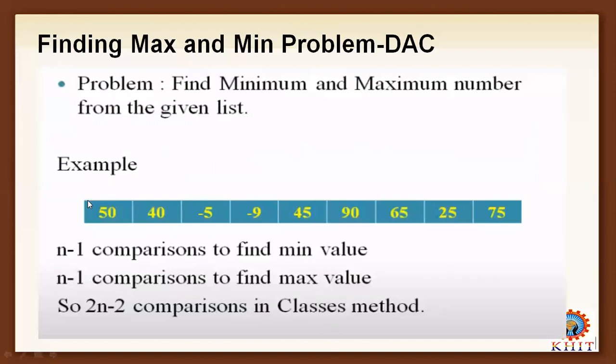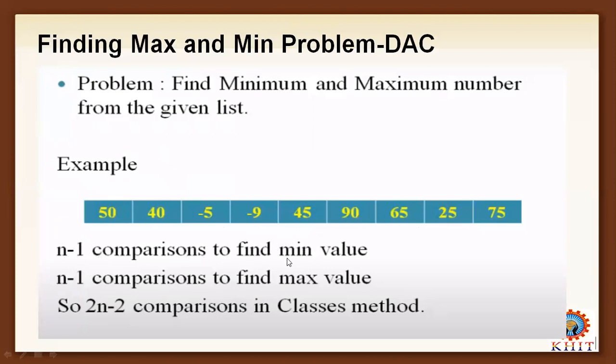Here, the given problem is this array. The array can contain n number of elements. If you want to find the minimum element in the given array, the total number of comparisons required is n minus 1. Why? Because among n elements, we need to find only one element, that is the minimum element.